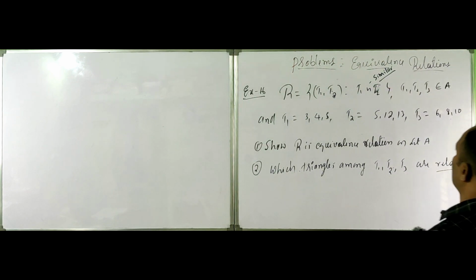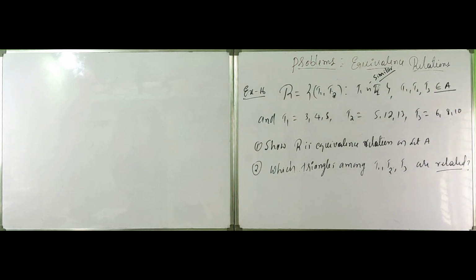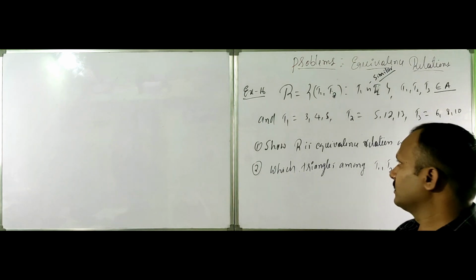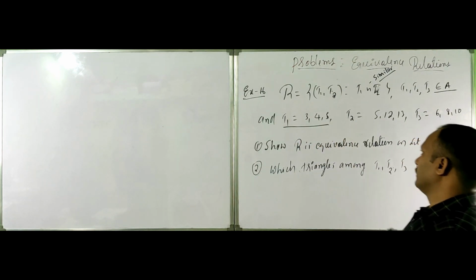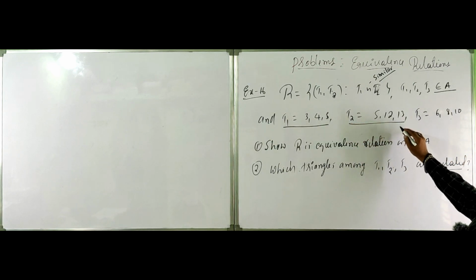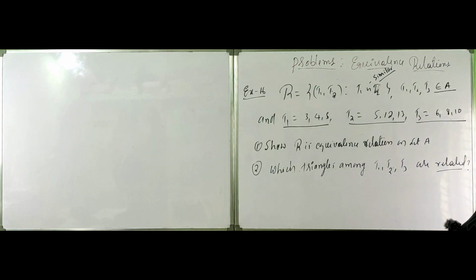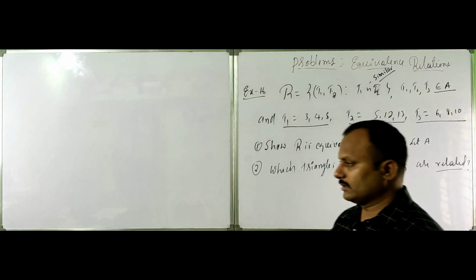A is the set of triangles T1, T2, T3, where T1 has sides of lengths 3, 4, 5, T2 has sides 5, 12, 13, and T3 has sides 6, 8, 10. This is the condition.